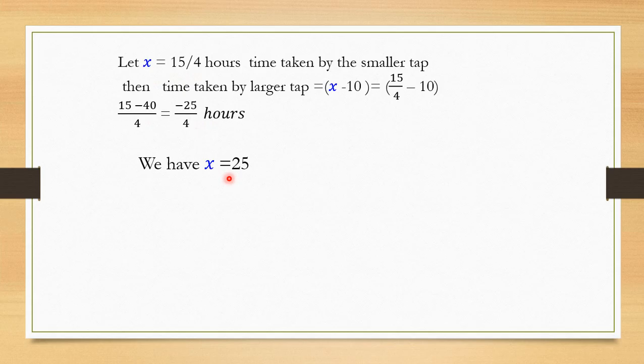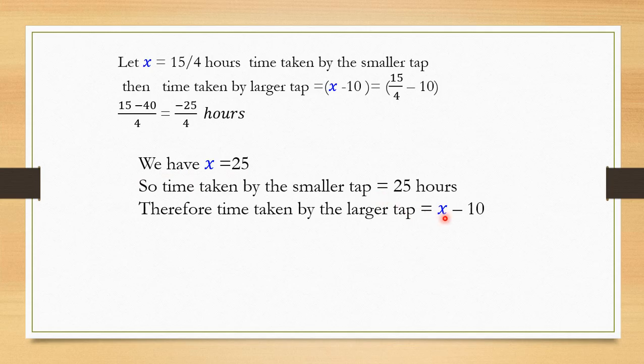So this x is equals to 25 represents that the smaller diameter tap takes 25 hours to fill the tank separately. So we can now get the time taken by the larger diameter tap. It will be x minus 10. That means 25 minus 10, and it becomes 15 hours.